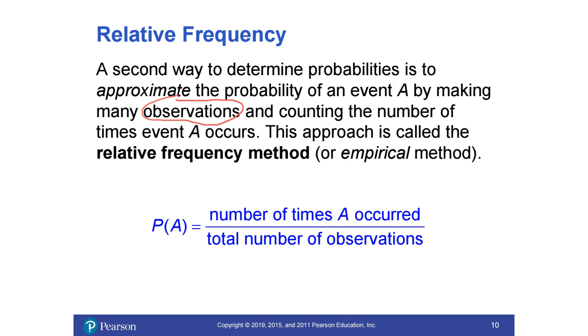In relative frequency probability, you make observations and you count how many times your event A actually happens. It's called the relative frequency method or empirical method. That is, the probability of an event A is the number of times A occurred divided by the total number of observations. So let's see an example.